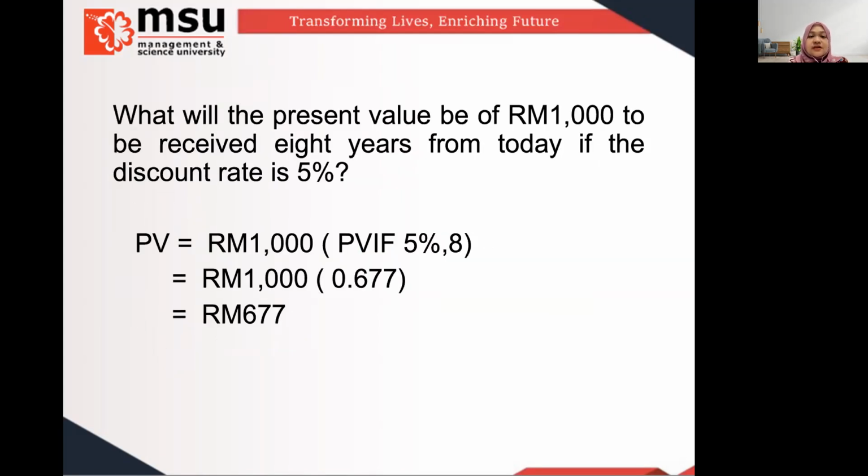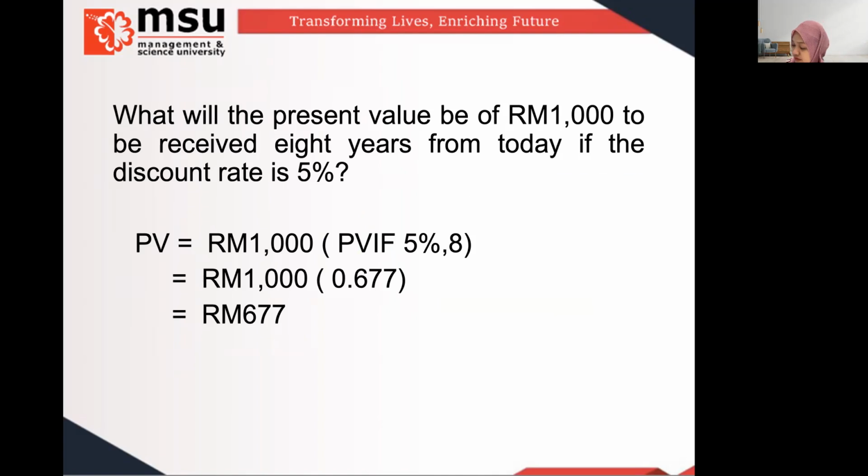So this is one example question of how to calculate the present value. What will be the present value of 1,000 ringgit to be received in 8 years from today if the discount rate is 5%?